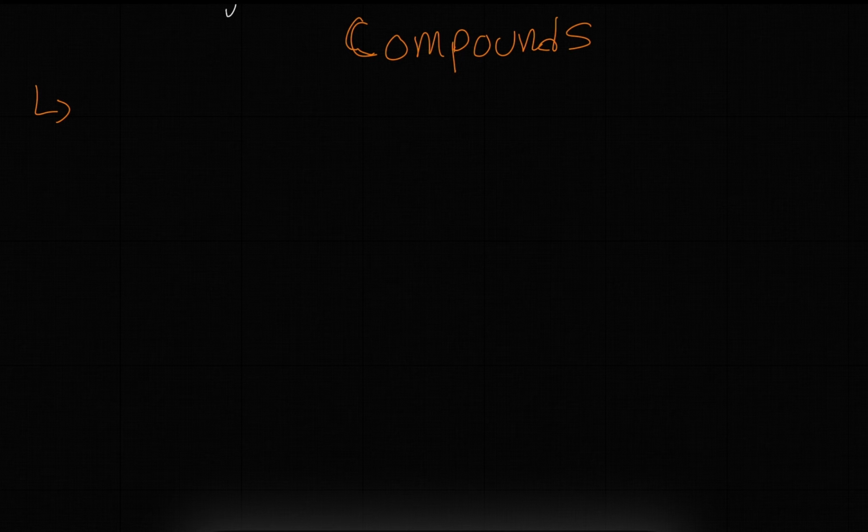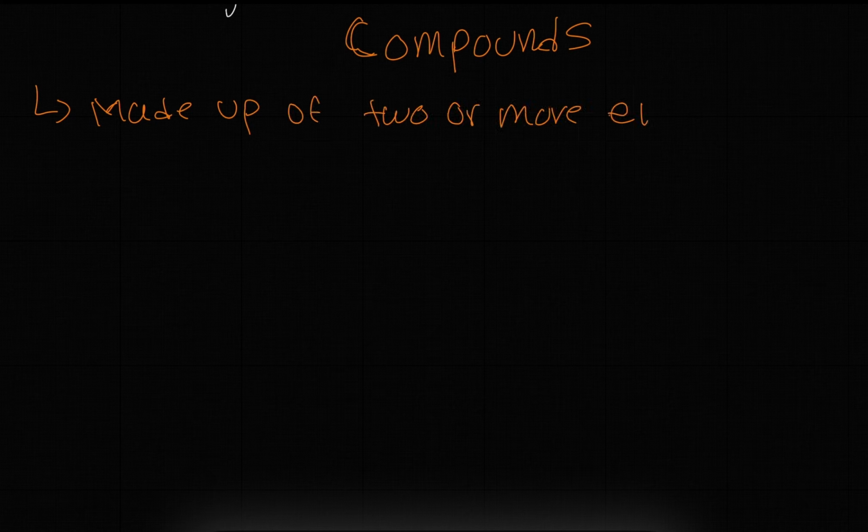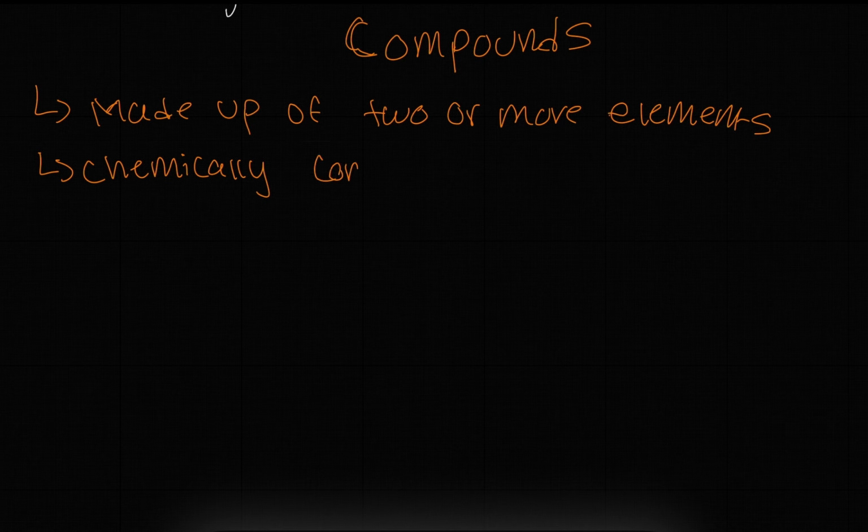Well, a compound is a substance made up of two or more elements chemically combined in a fixed ratio. So the important part is it is chemically combined in a fixed ratio.